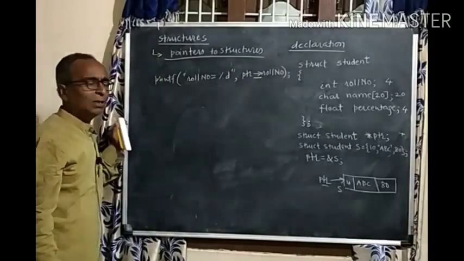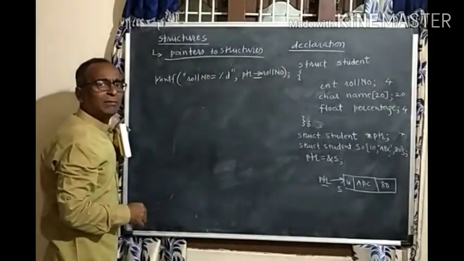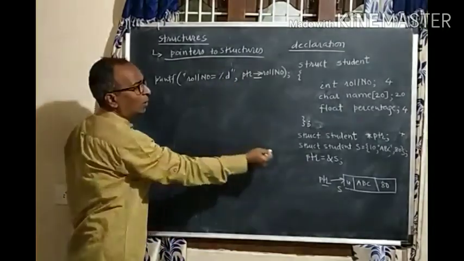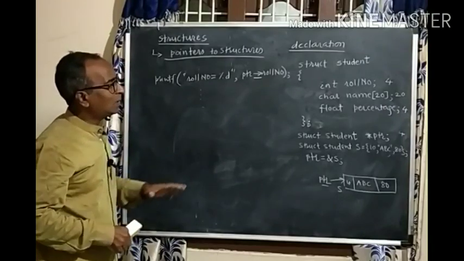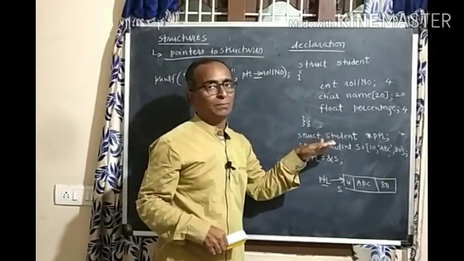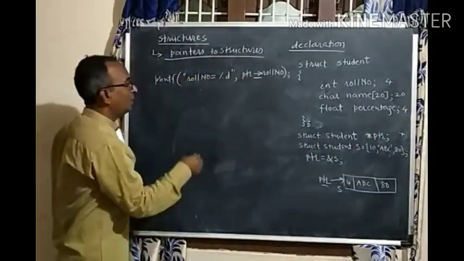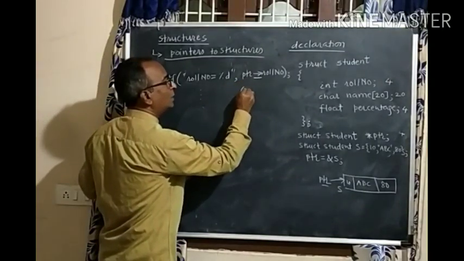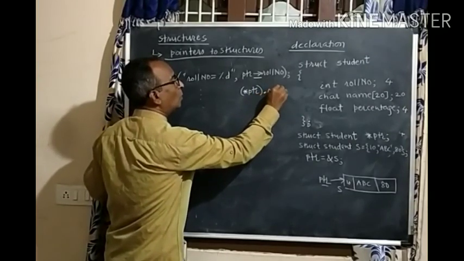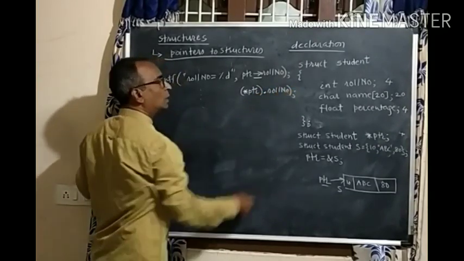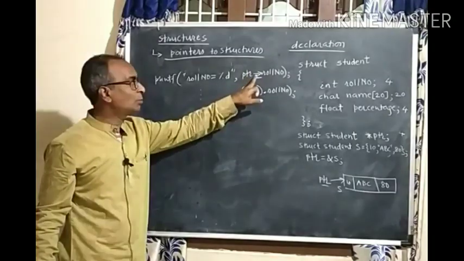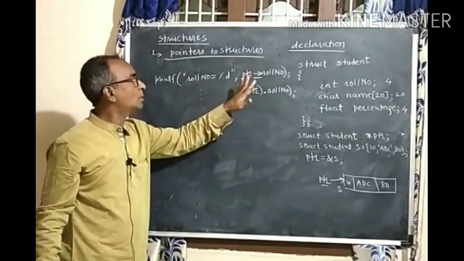So this way you can print or access the values through the pointer variable, and you can do the same for the others also. You could also write (*ptr).roll number, and this way also you can access, but the easiest way is the arrow operator, so we use this way.